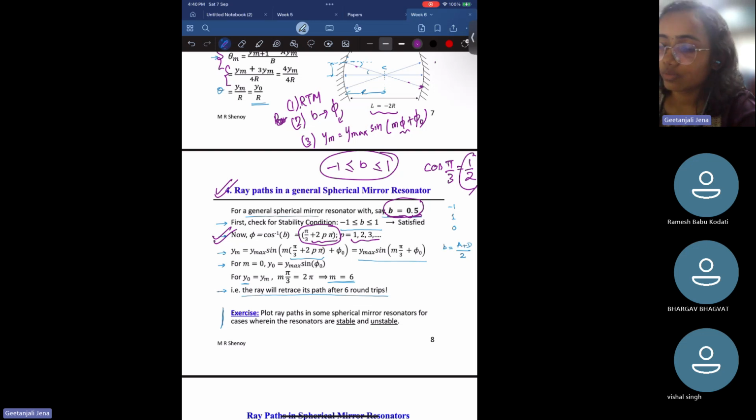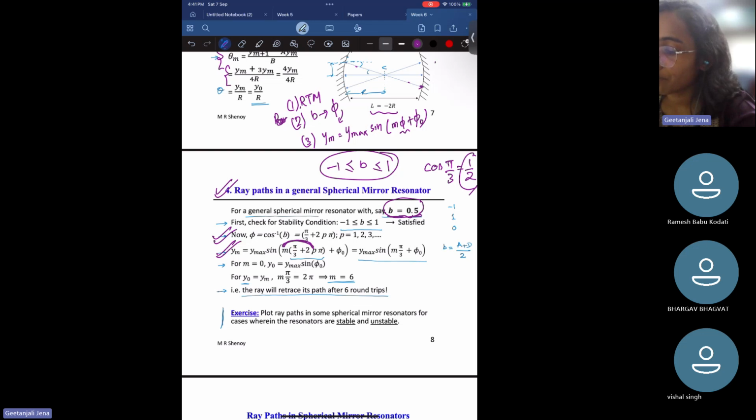Now we just have to put these values of phi in the ray equation ym equal to y max sine of m times pi by 3 plus 2p pi, plus phi 0. Now you see there is a 2 pi term here. If you open up this bracket, there is a 2p pi term.